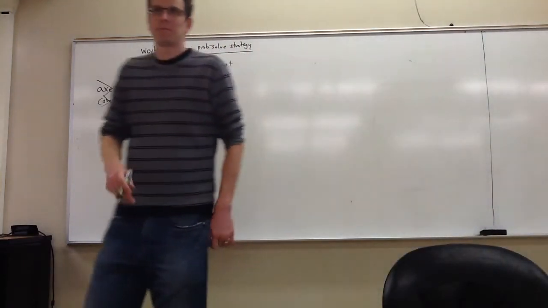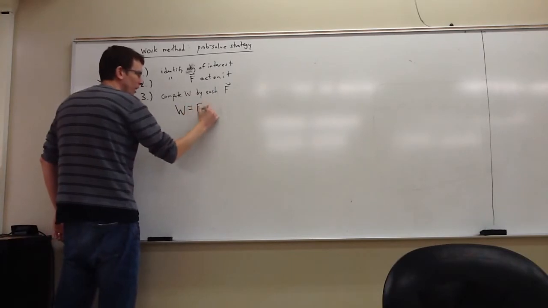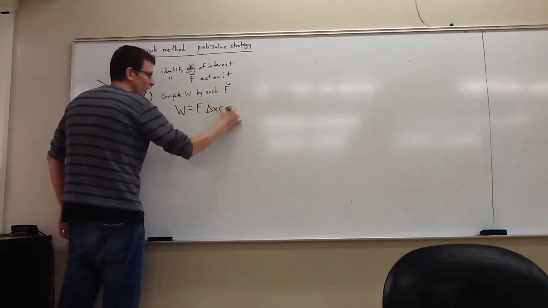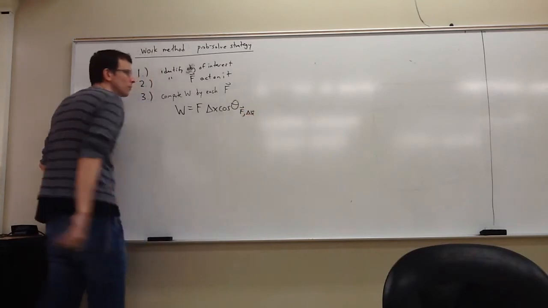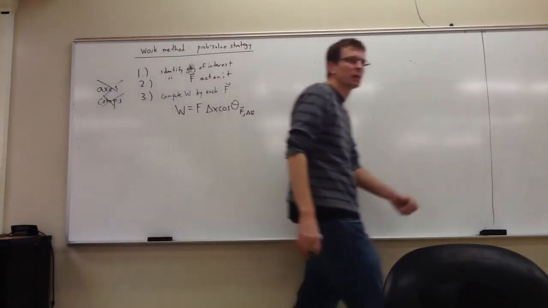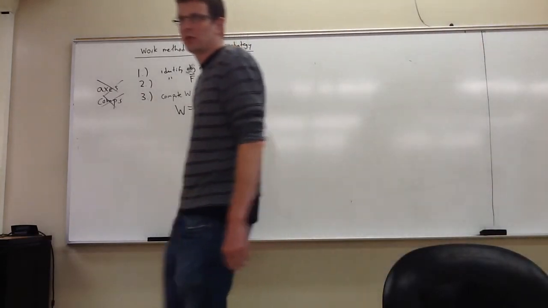Here's how we do it. You use the formula work equals F delta x cosine of theta. This formula is meant to be as easy as possible to just plug and chug.